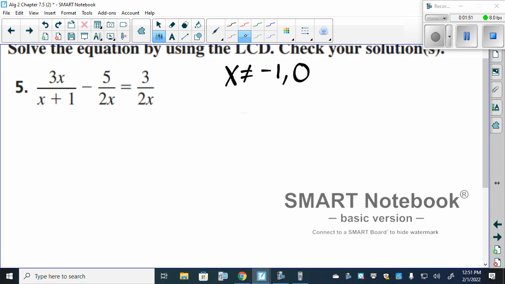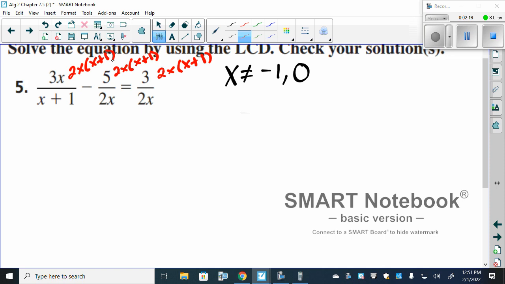Now what we need to do is find out what term or terms we need to multiply each one of these by so that the denominators will simplify out. So what do we know for sure that we need to multiply by? x plus 1 and 2x. Because if we multiply each one of these by x plus 1 and 2x, it will simplify out each rational expression denominator and make it a little bit easier to work with.